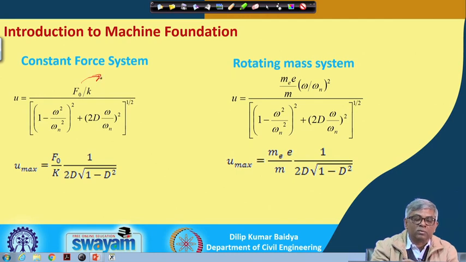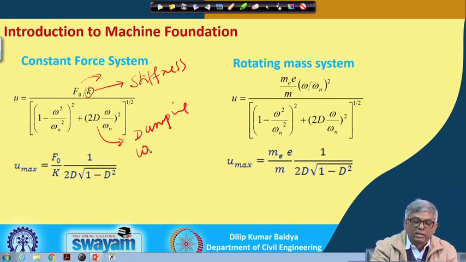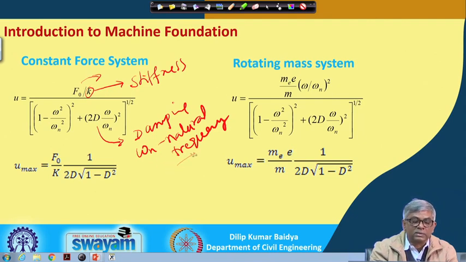F naught, I have already told, is the constant force magnitude, and capital K is the stiffness, and d is the damping, omega n is the natural frequency, and f naught by k, where k is the stiffness as already mentioned, is constant. And when you come here, all those things are there.